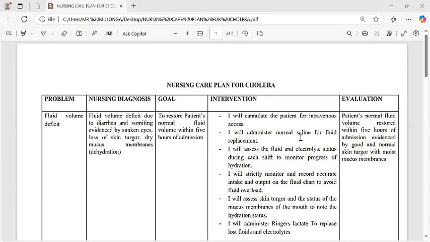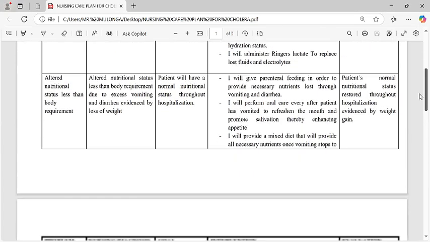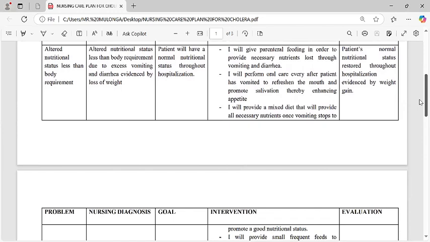So that is our very first problem that we have under Cholera. We have other problems. We are going to explain them, but for now, let's stick with these ones. The second thing that we have to understand is that when the person is excessively vomiting and passing diarrhea, they are going to lose a lot of nutrients and they are going to need a lot of nutrients to be involved in the metabolic rate.